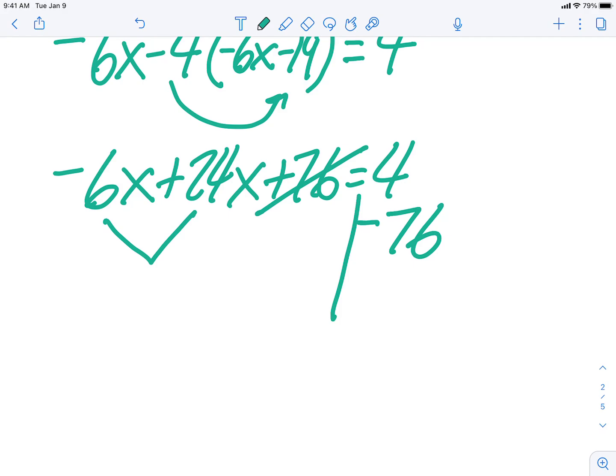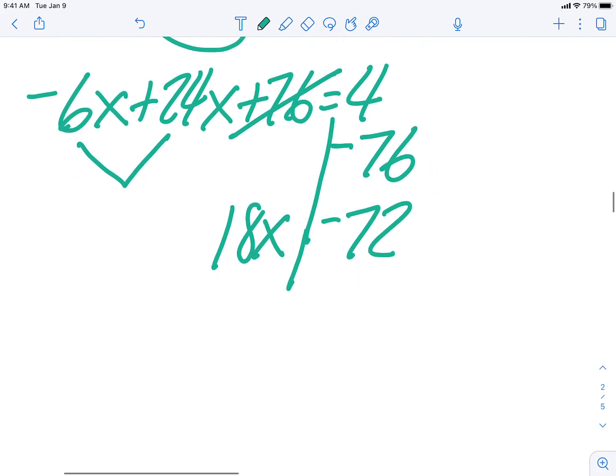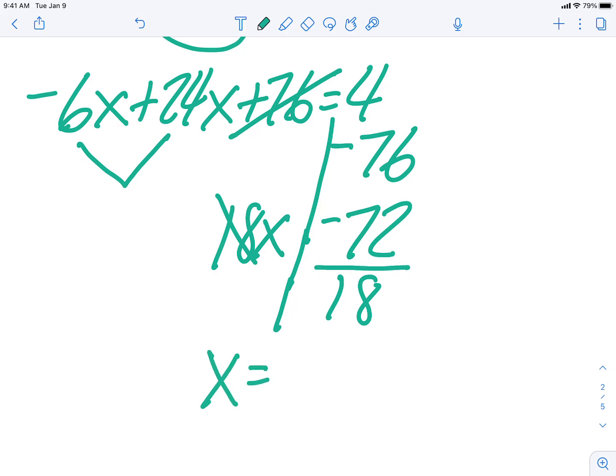Right? 24x and negative 6x are not the same, so we're going to subtract, and we get 18x. 4 and negative 6 are also not at the same sign, so I got to subtract, so I get negative 72. The opposite of multiplying by 18 is dividing by 18, so I get x is equal to negative 4. Negative divided by a positive is a negative.